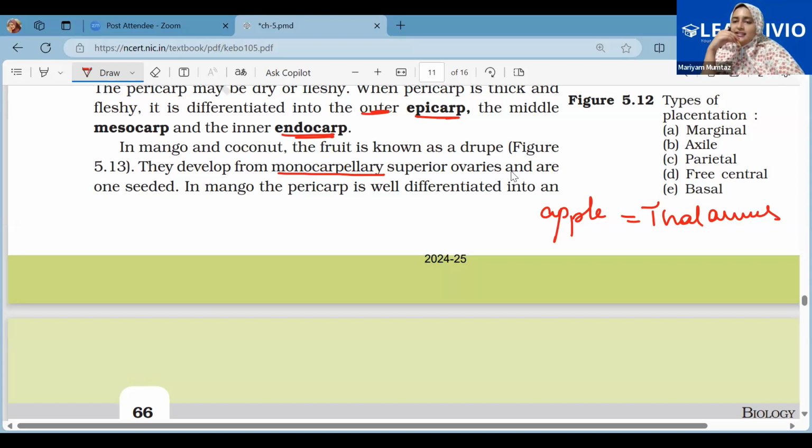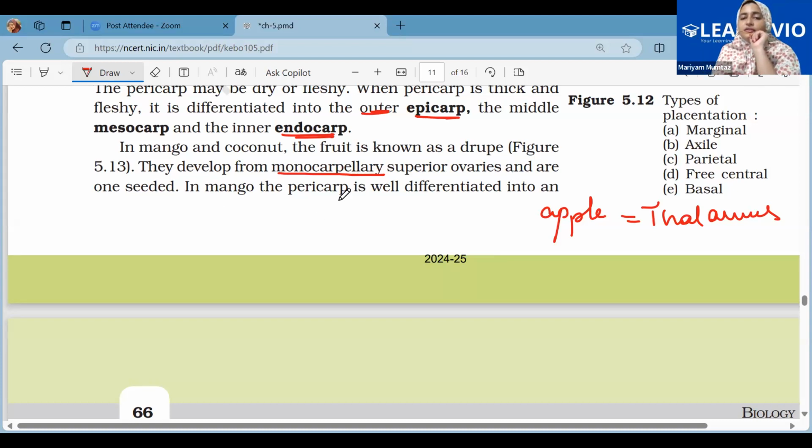Epigynous, perigynous, hypogynous? Hypogynous. Yes. So superior ovaries, like the mango and all those fruits known as drupe, develop from monocarpellary superior ovaries and they have only one seed, just like how mango has one seed.